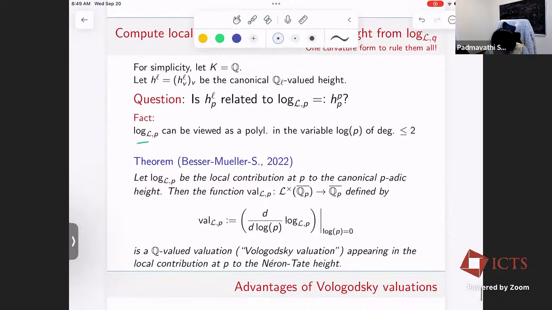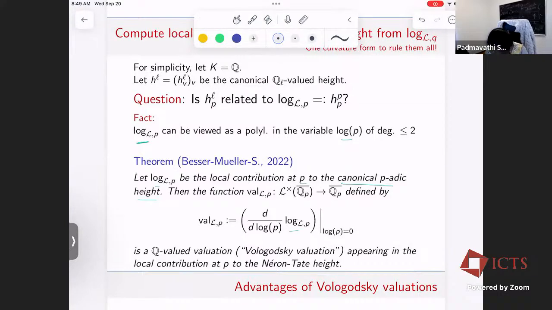So the precise statement is that if you take the local contribution at P to the canonical P-adic height, this canonical log function, then it's a polynomial in this formal variable log P. So you look at the coefficient of the leading term, the coefficient of log P in this polynomial.